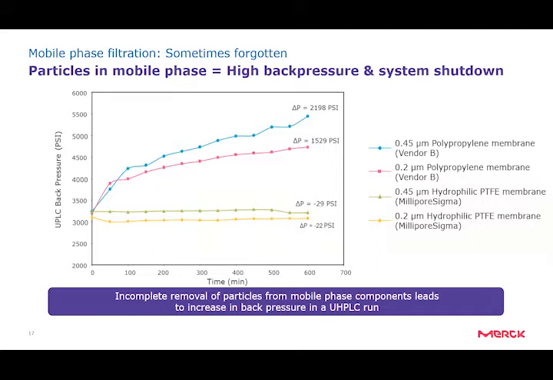What we did in this case was we filtered a 50% acetonitrile water mixture and ran it through the HPLC system and monitored the back pressure without any sample injection. As you can clearly see, the polypropylene membrane allows some particles to go through this membrane filter, causing an increase in the back pressure, even without addition of any sample injections.